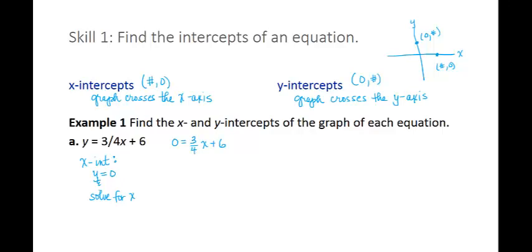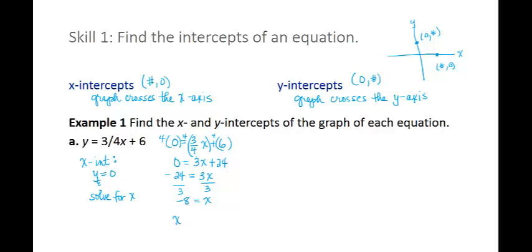To eliminate the fraction, if you don't like the fraction, you can multiply each side by 4. And that's equivalent to multiplying each term by 4. That will give us 0 equals 4 times 3/4, which is just 3x, plus 24. Subtract 24 from each side to get negative 24 equals 3x, and now divide by 3, so negative 8 equals x.